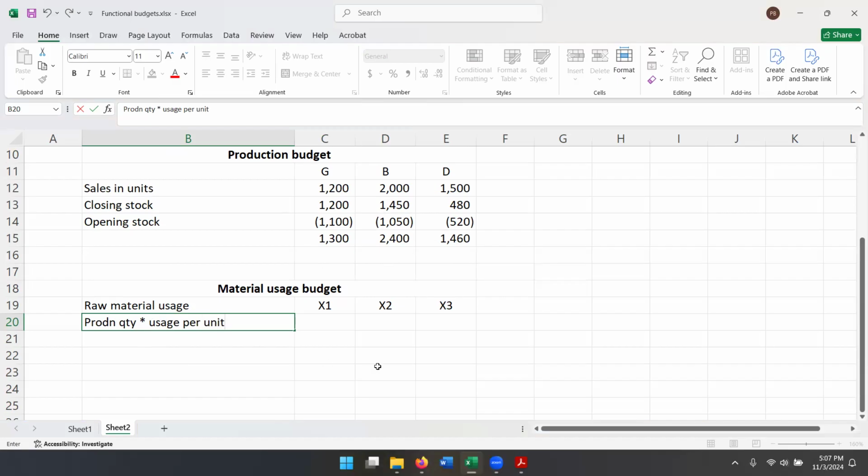So the production quantity, we have 1,300, 2,400, and then 1,460.